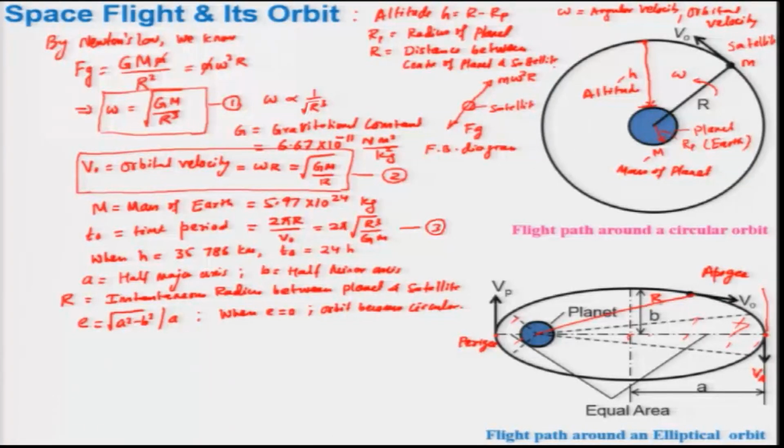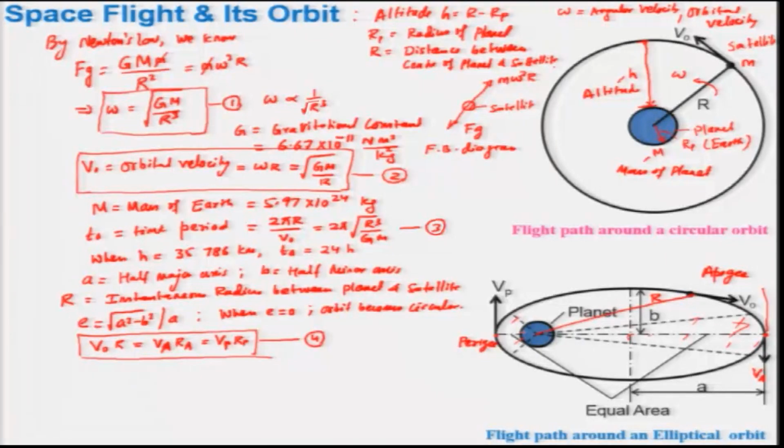That depends on the radius, so the orbital velocity changes as it moves around this elliptical path, and it is governed by a relationship: V a r a is equal to V p r p, where r p is the radius of perigee. This is equation 4.